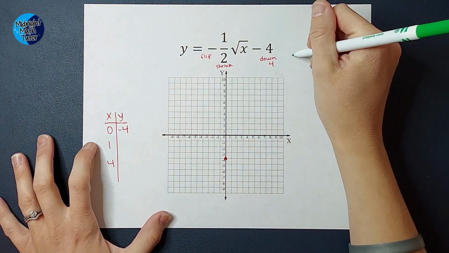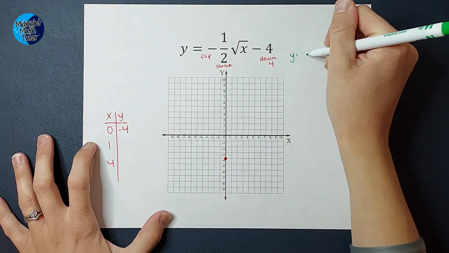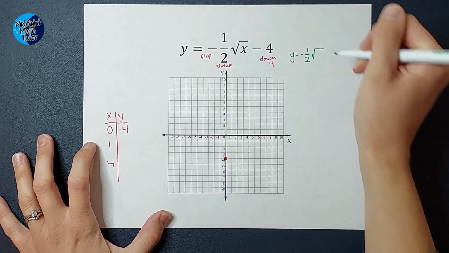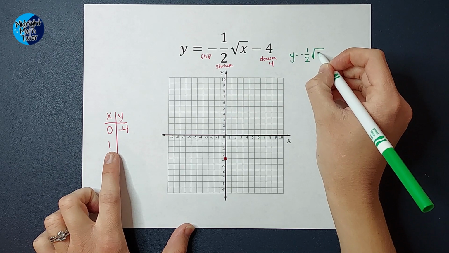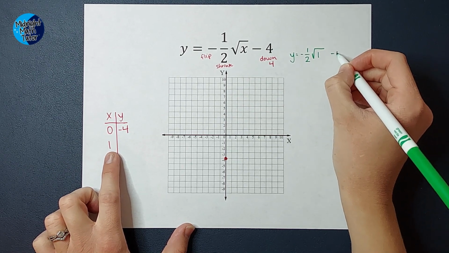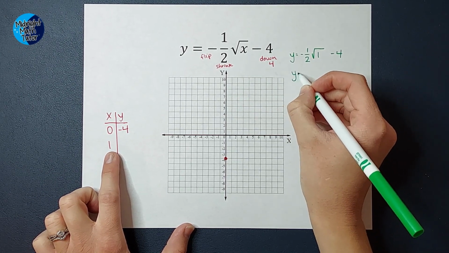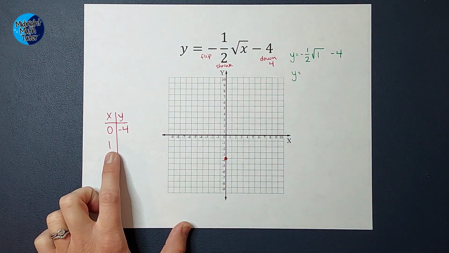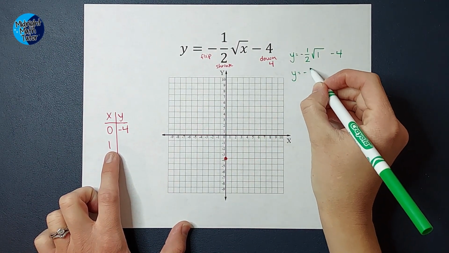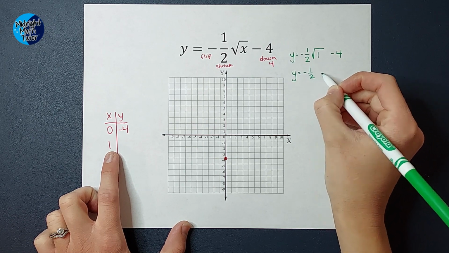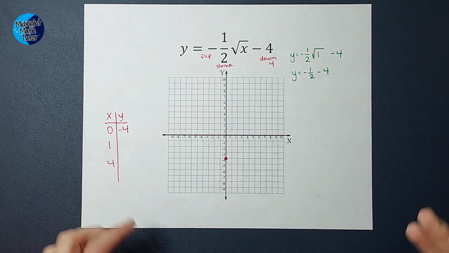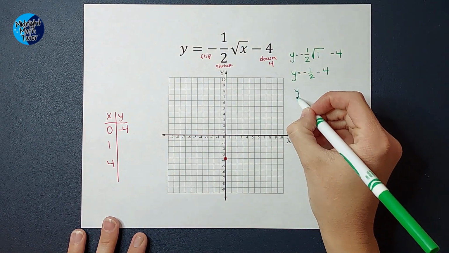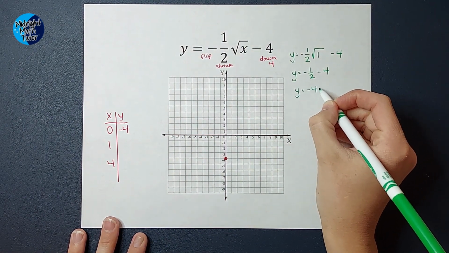So I'm going to have y equals -1/2 times the square root of x. We are plugging in 1 minus 4. Okay, now the square root of 1 is just 1, right? And 1 times the negative 1/2 is just negative 1/2. So then I'm going to have negative 1/2 minus 4. So I'm combining those, which will give me negative 4.5, right?